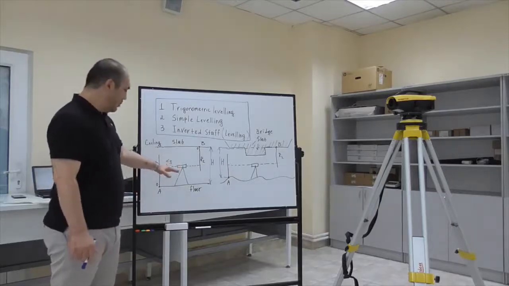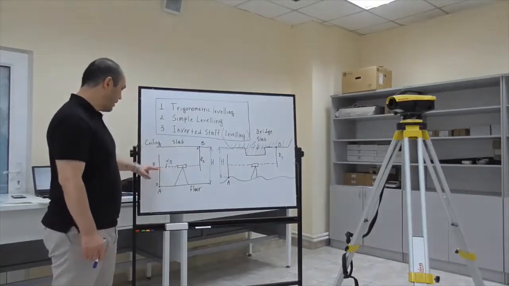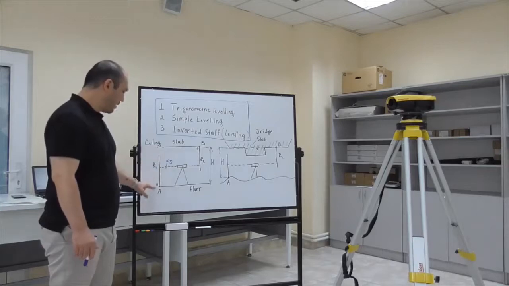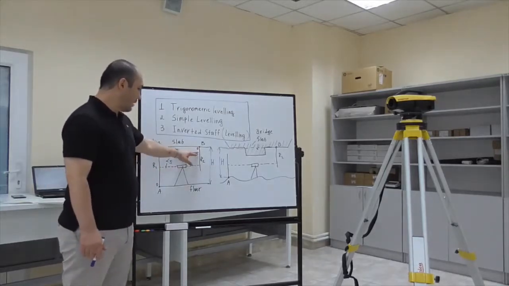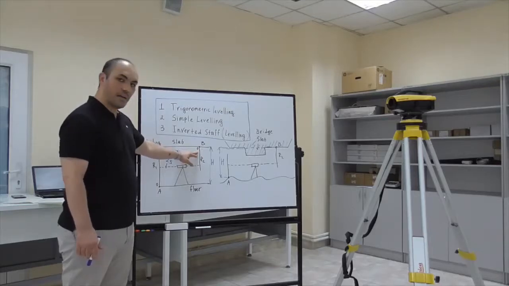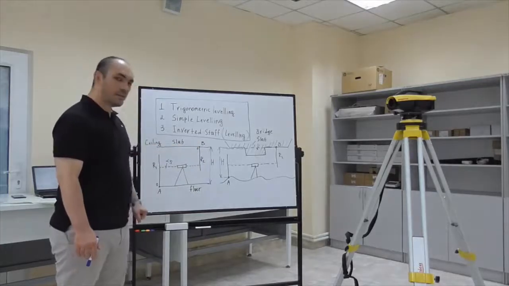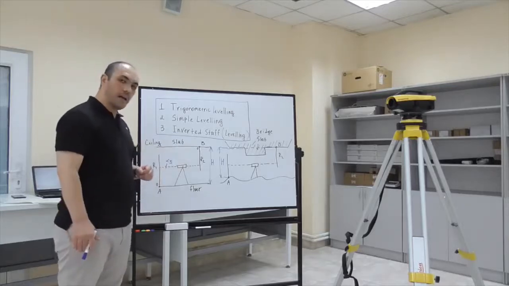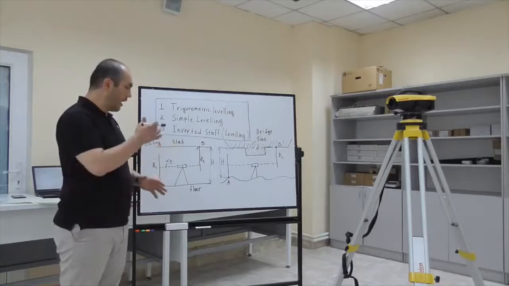What we do is install the leveling instrument and take the first measurement from the leveling rod, R1. Then bring the rod to B, but here we have to invert the leveling rod upside down.